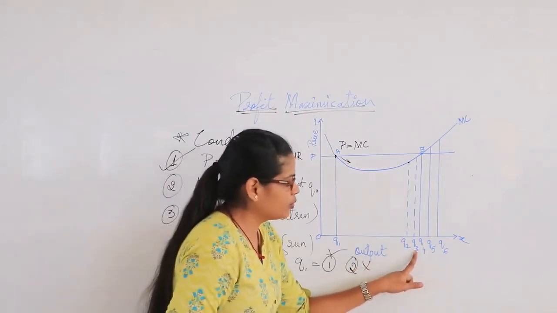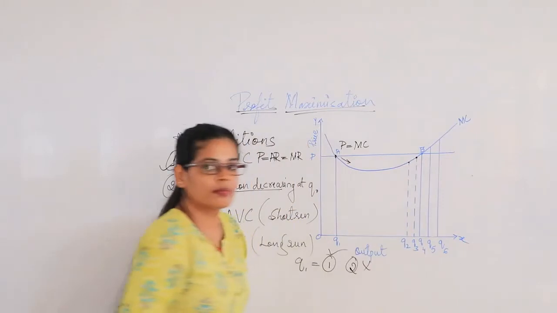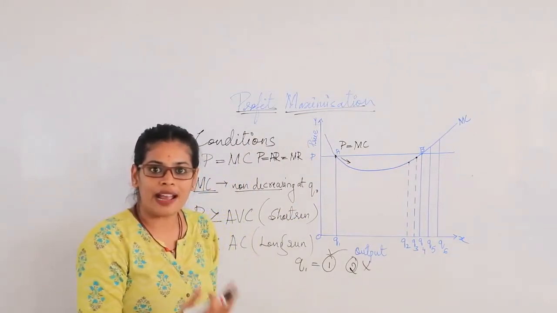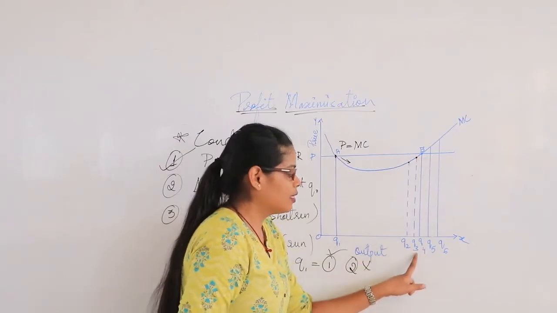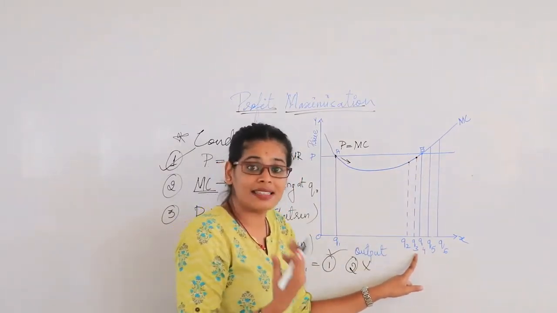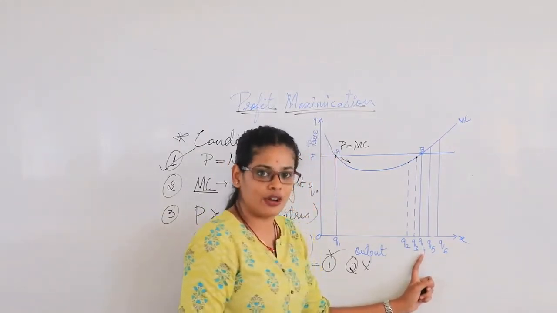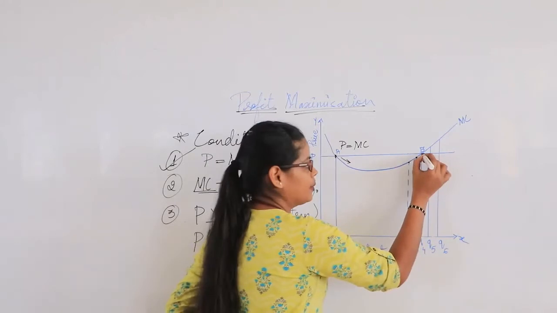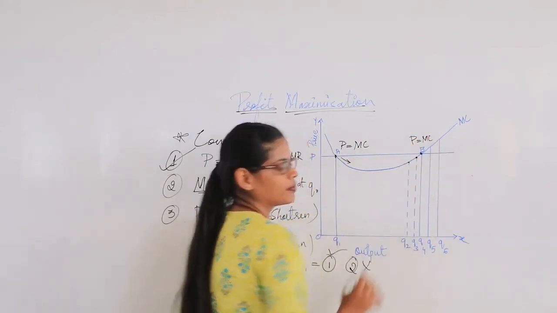Next, Q3: here too the price is not equal to marginal cost, so at this point also we are not making maximum profit. If you move towards the next point, Q4, P is equal to MC.